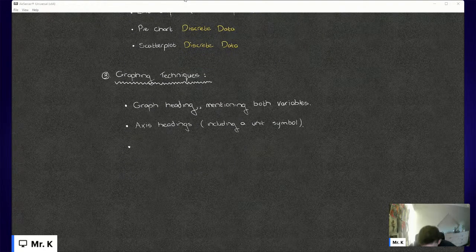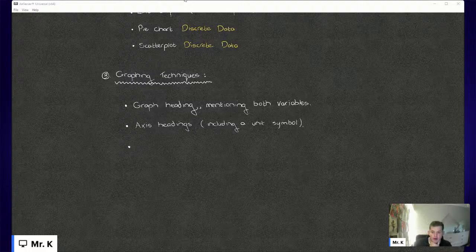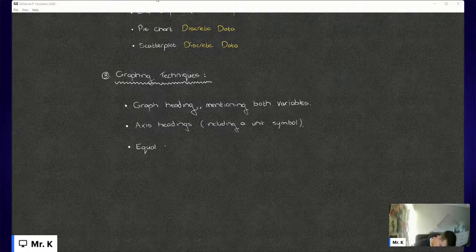What else should we know when we are graphing any kind of data? We need to have equal intervals on both axes, to avoid skewing and distortion.